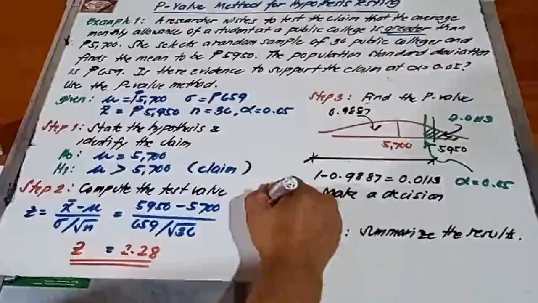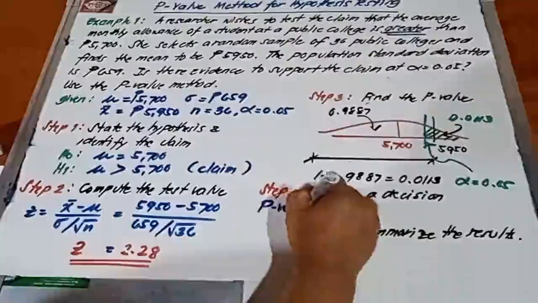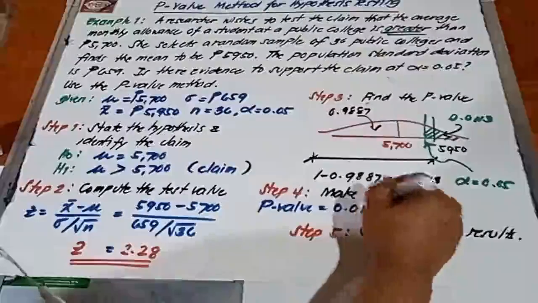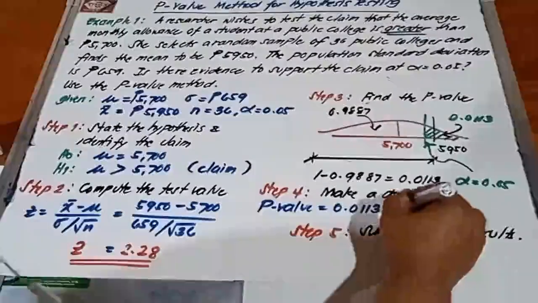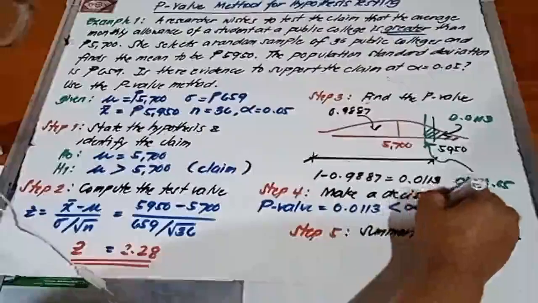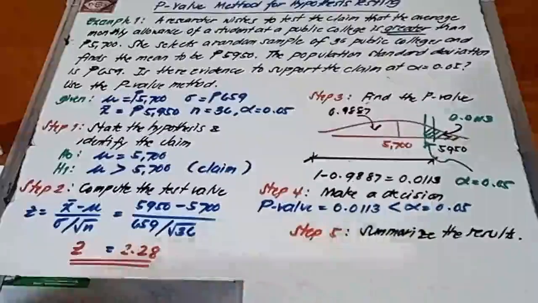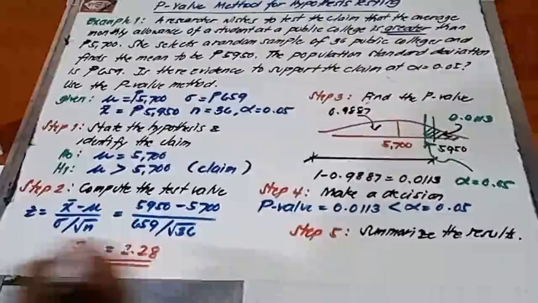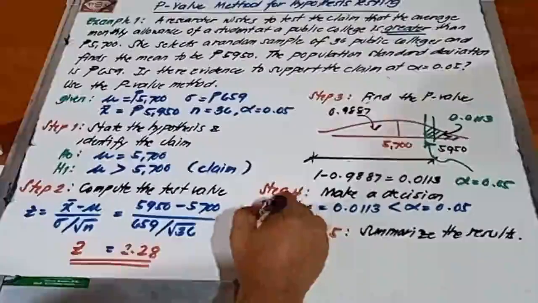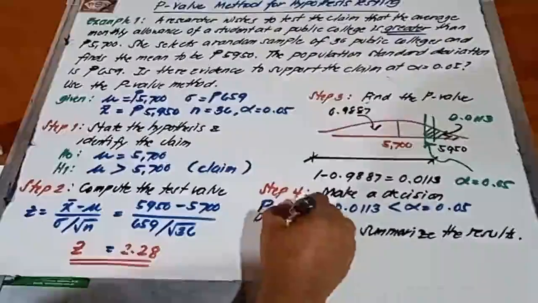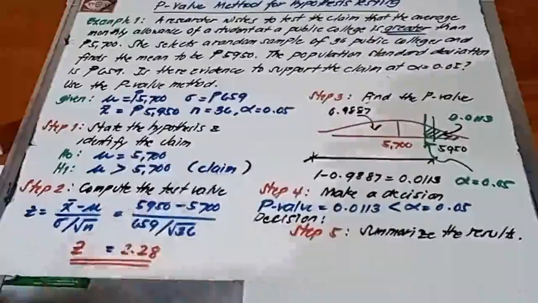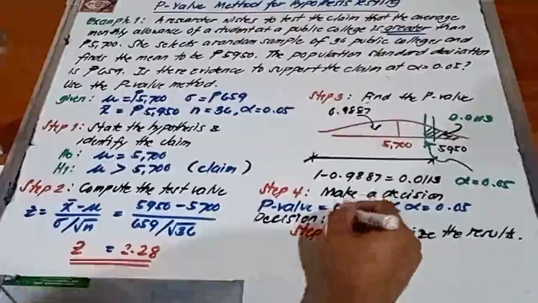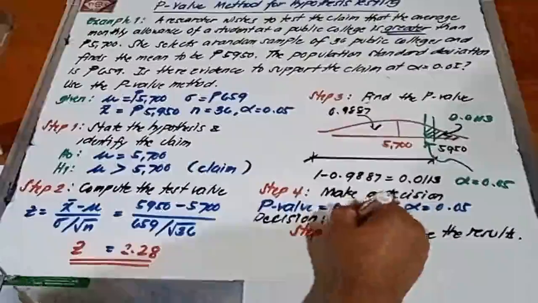Okay? P-value, which happens to be equal to 0.0113, and this is less than the value of alpha, which is 0.05. So, ibig sabihin, nasa rejection region siya. So, we're going to make a decision. What is our decision? We reject the null hypothesis. Decision is reject the null hypothesis.